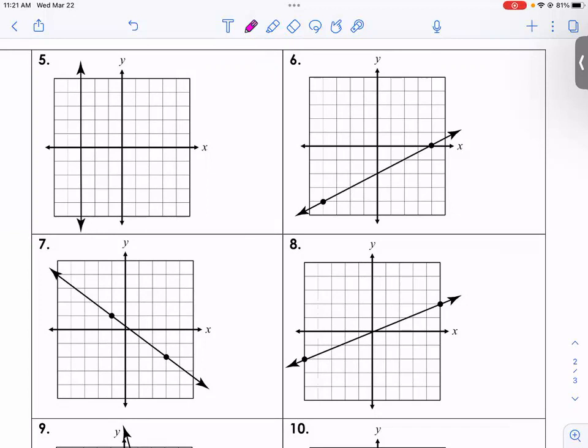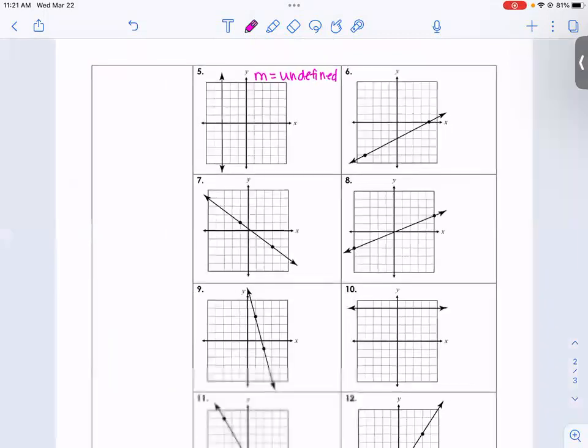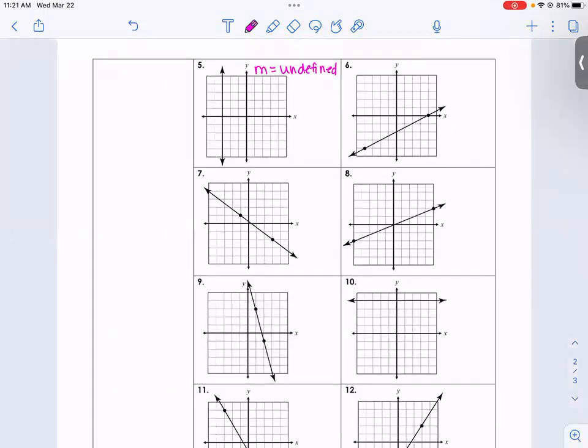All right, number 5. Corin, what's number 5? Slope is undefined. I want you to actually write that. On this page, is there one with 0 slope? Yes, there's number 10.